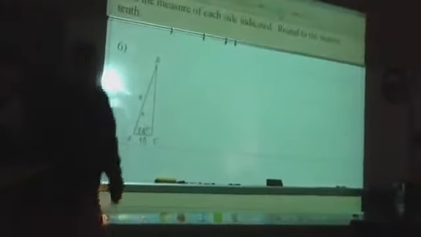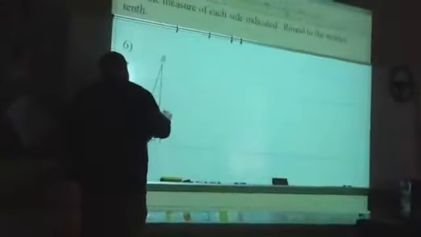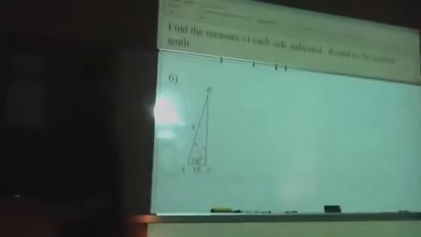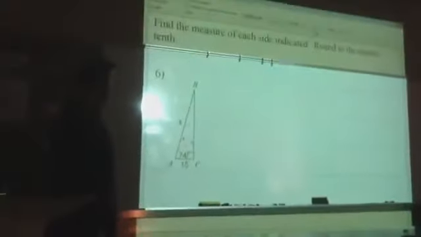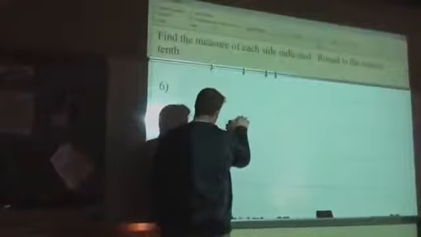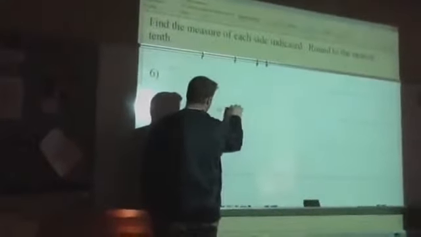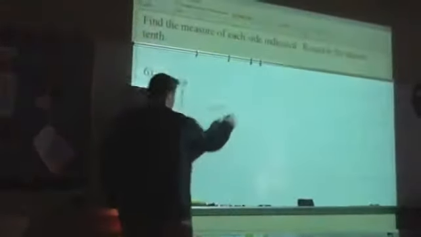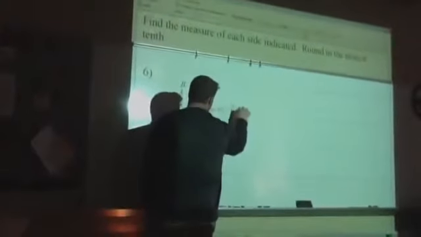If I took an arrow and drew it across, I'd get the opposite side, but I don't have that. I have the adjacent side, 15. Well, if I have adjacent and hypotenuse, I'm going to use cosine. So cosine of 74 equals the adjacent side 15 over the hypotenuse x.